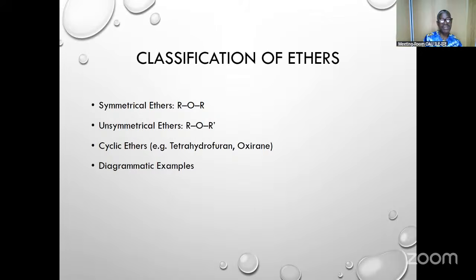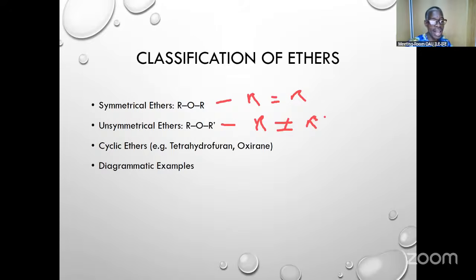Also, by way of classification, we said ethers can be classified as symmetrical ethers, that is when R is equal to the other R. Then we have unsymmetrical ether, where R is not equal to R prime.